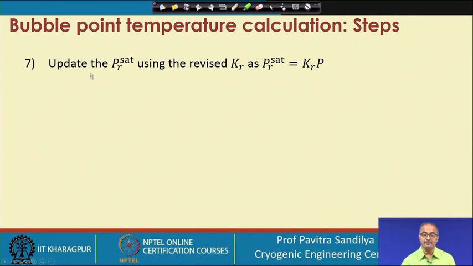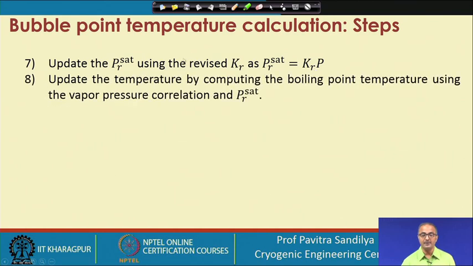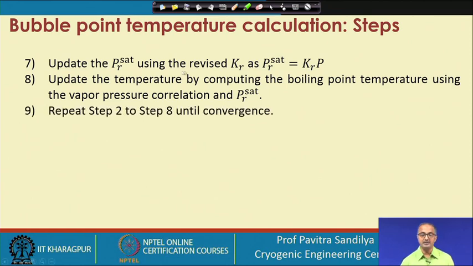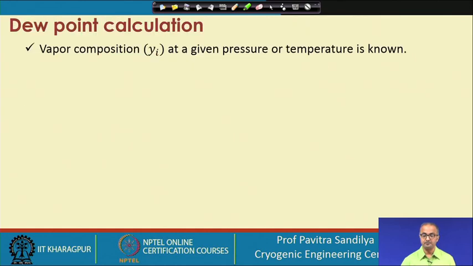Now we again update the value of PR sat, that is the saturated vapor pressure of the reference component, by this particular equation PR sat equal to Kr into P, and then we update the temperature. Once I get the PR sat, again I take the correlation for the vapor pressure, put this value of PR sat there, and back calculate the value of the temperature, and this is the updated temperature, and we repeat steps 2 to 8 until we reach convergence.